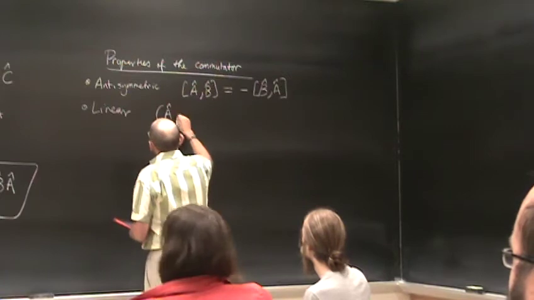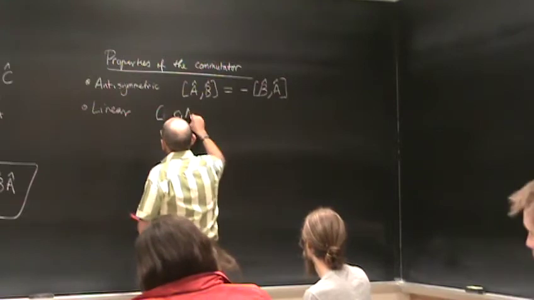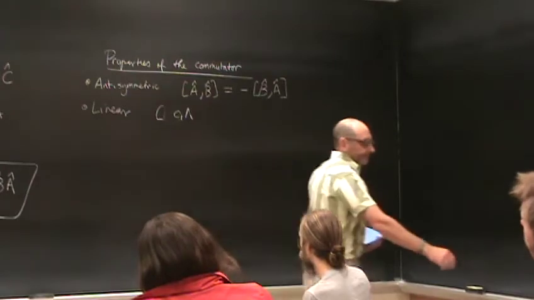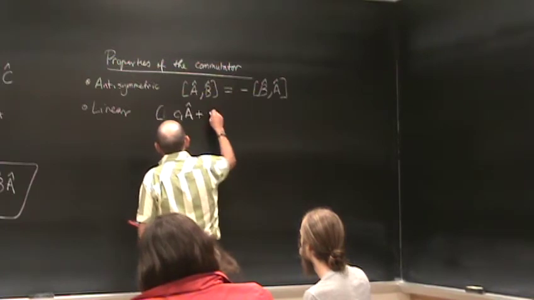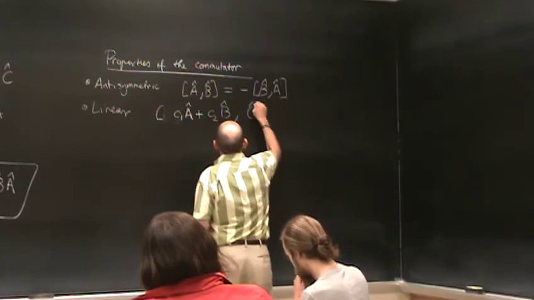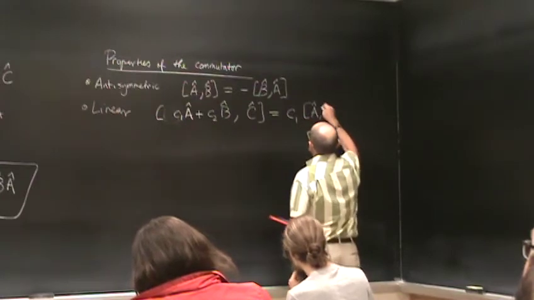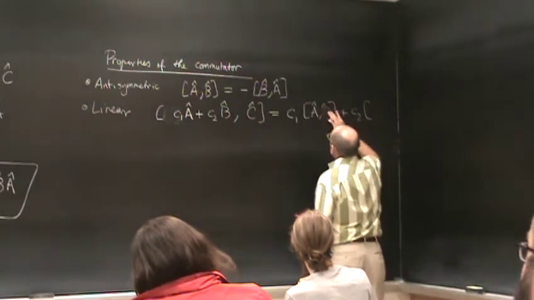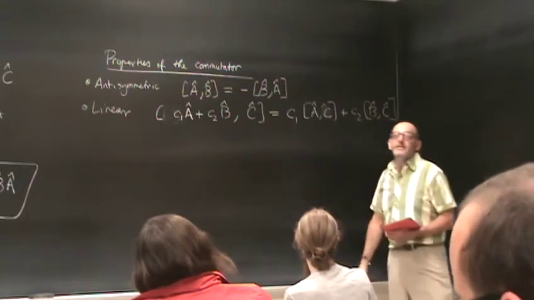If I commute A, or either way, it doesn't matter, some linear combination of operators with scalars, that's the same thing as a linear combination of the commutators.